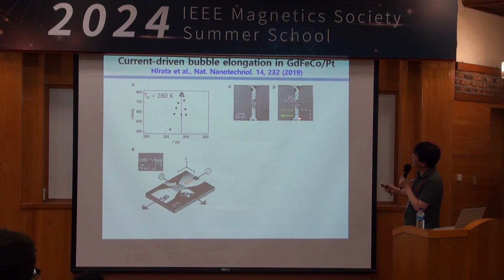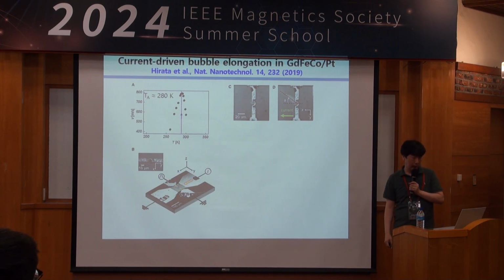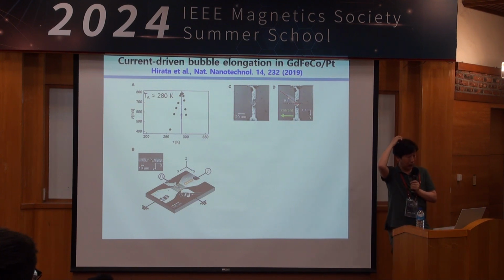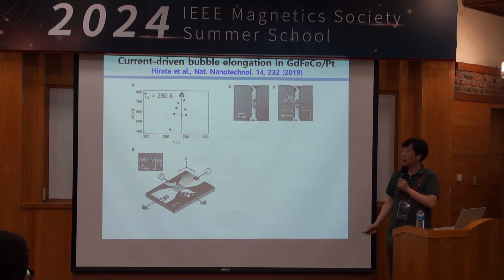And then they inject current through the platinum layer in order to apply the spin-orbit torque. Then they observed that this bubble is elongated along one direction. Actually, the student who did the experiment was disappointed, because he first expected that this bubble would move, but actually the bubble doesn't move.